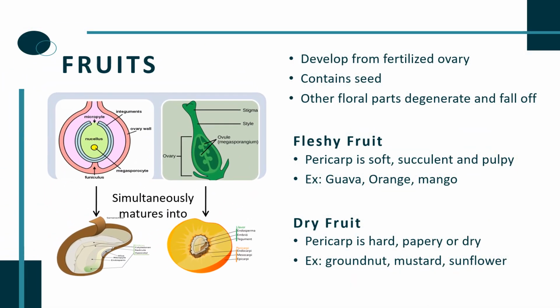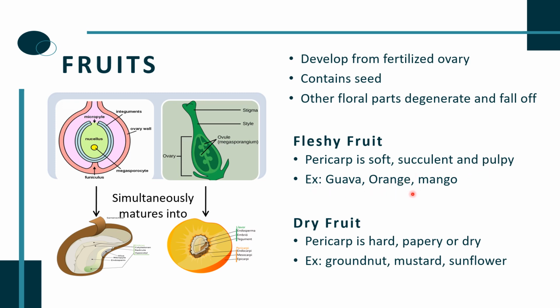Fruits. They develop from the fertilized ovary and contain seed. All other floral parts degenerate and fall off. Just when a fertilized ovule starts developing into a seed, simultaneously a fertilized ovary will mature into a fruit containing seed. Fruits can be categorized into fleshy fruit, where the pericarp or wall of the fruit is soft, succulent and pulpy.